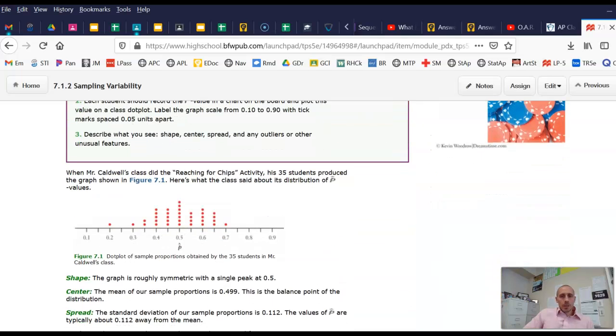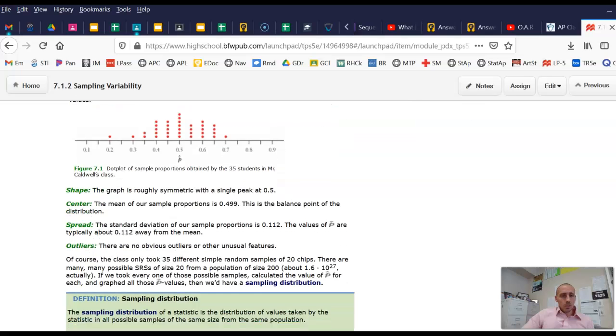They're looking at what percent of these chips end up being, I think it's red. So you can see in this one sample, 20% of the chips were red, 30%, 35%, 40%, and so on and so forth. So then we can get into discussing the center, the shape, the variability as we've done in the past. That's nothing new.